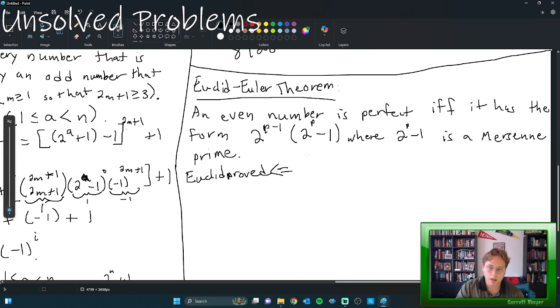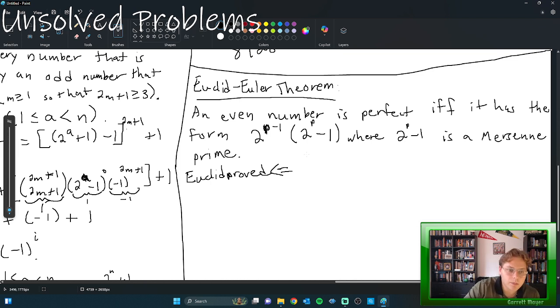Euclid basically proved that if a number has the form 2 to the power of p minus 1 times (2 to the power of p minus 1), where 2 to the power of p minus 1 is a prime, then it is an even perfect number. So Euclid proved that direction.